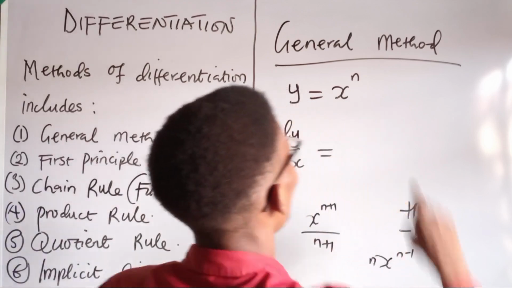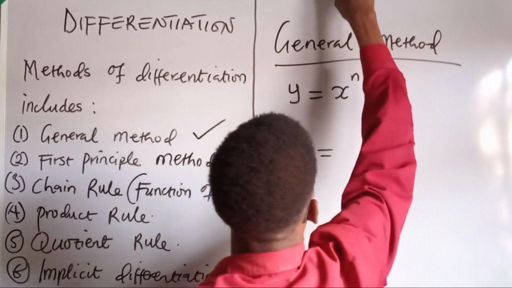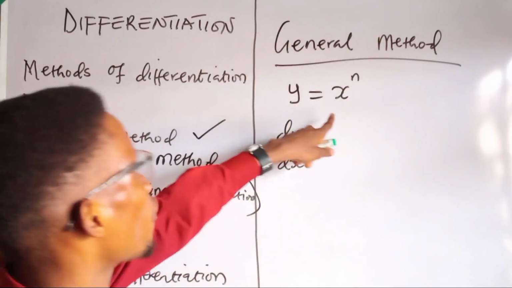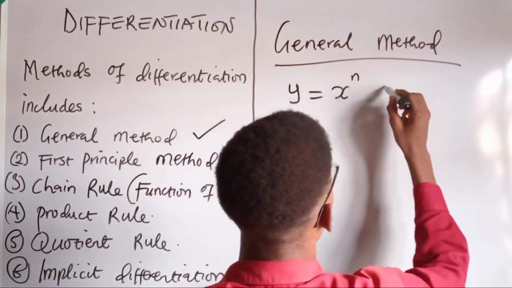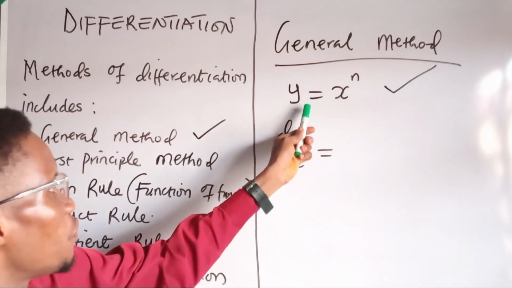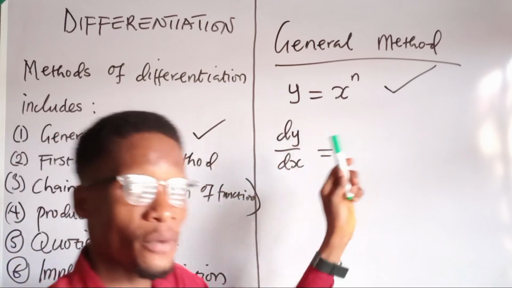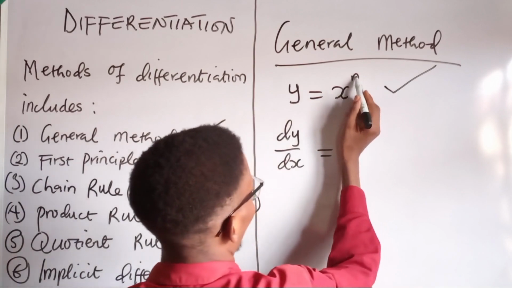Looking at the above problem, which is y equals x raised to power n, being the general method, this is the method we apply. We are asked to differentiate this, so dy over dx will give us n, which is the power, coming down.